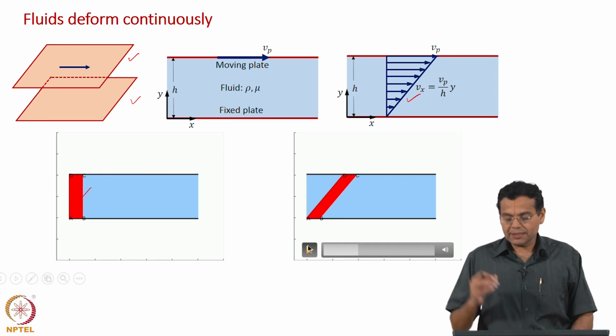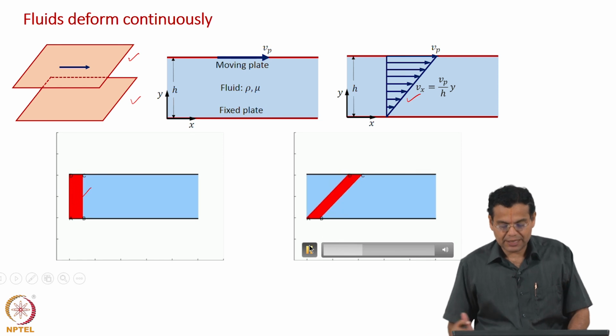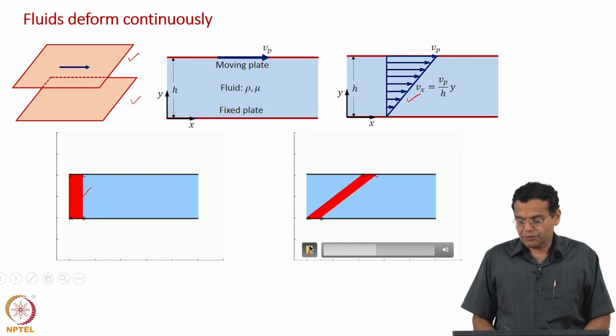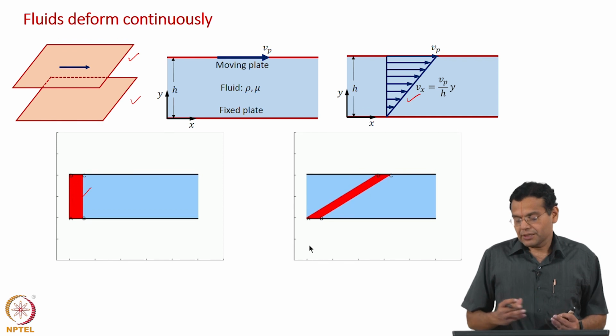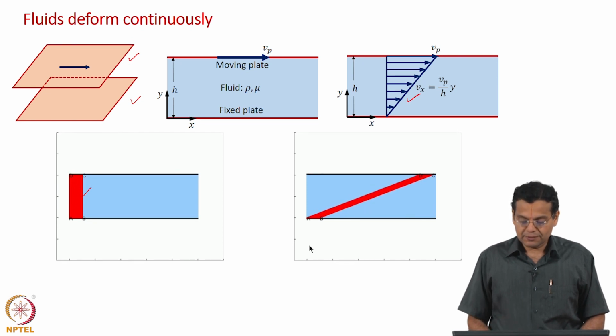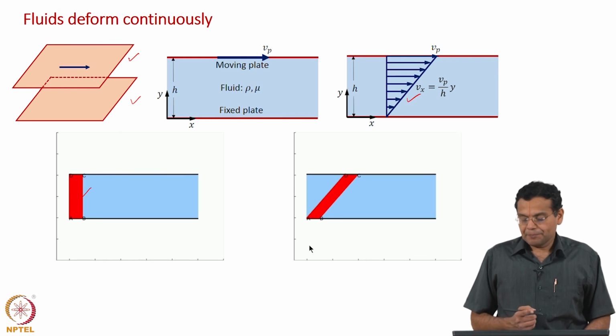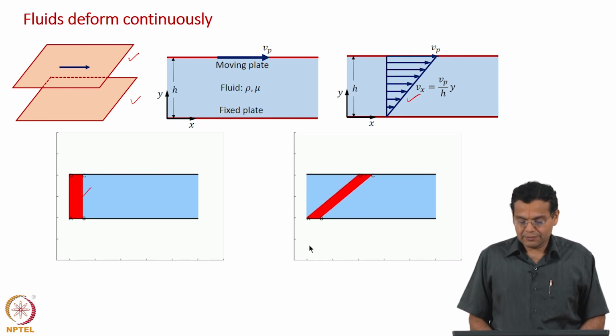As long as the plate is moving, this region continuously deforms, and that is what we mean when we say that fluids deform continuously. Of course, the animation replays back, but otherwise it deforms continuously.